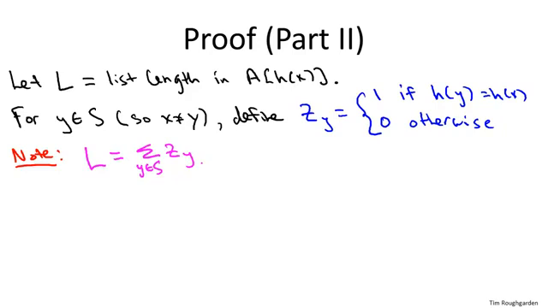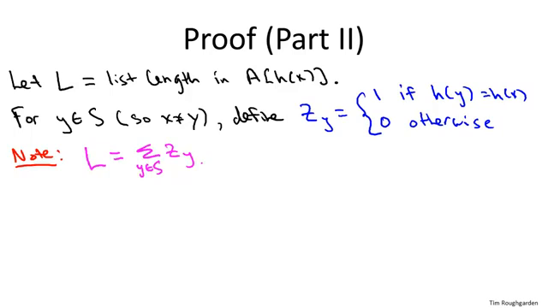So if you choose some hash function that maps this IP address x to, say, bucket number 17, capital L is just counting how many other objects in the hash table wound up getting mapped to bucket number 17. So maybe 10 different objects got mapped to bucket number 17. Those are exactly the 10 different values of y that will have their Z_y equal to 1. So L is just counting the number of objects in the data set S that collide with X.